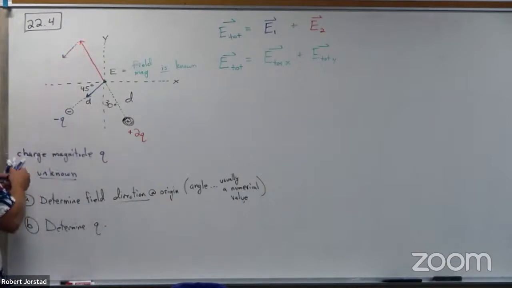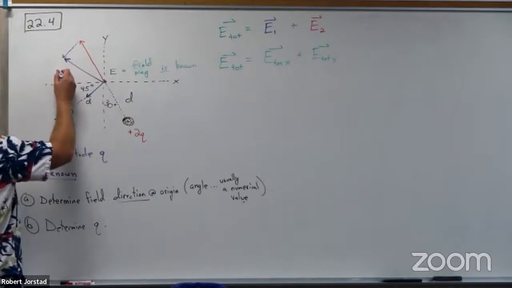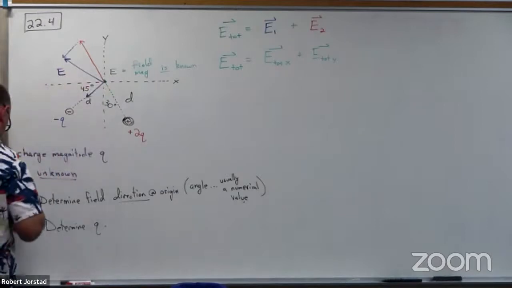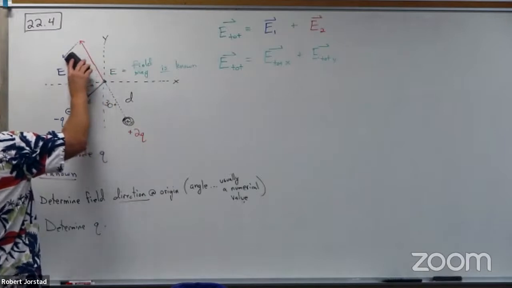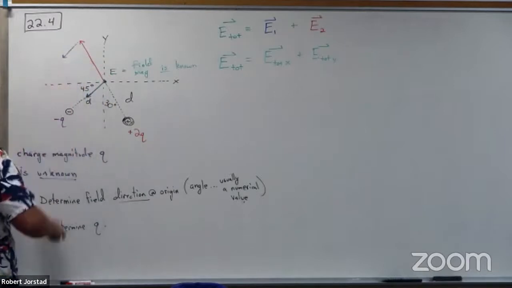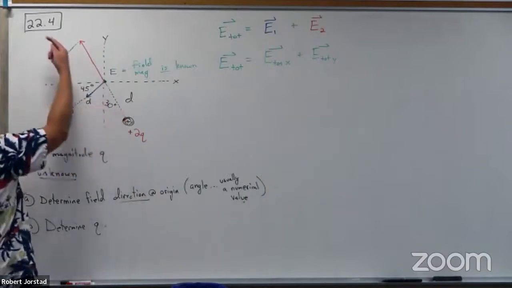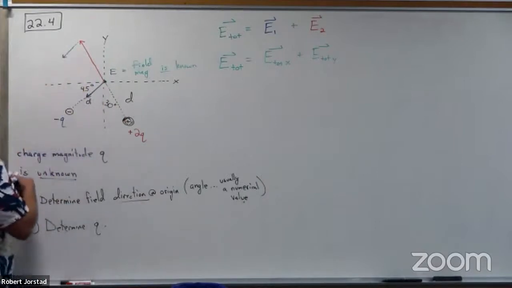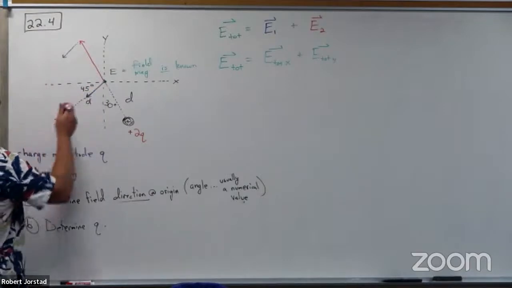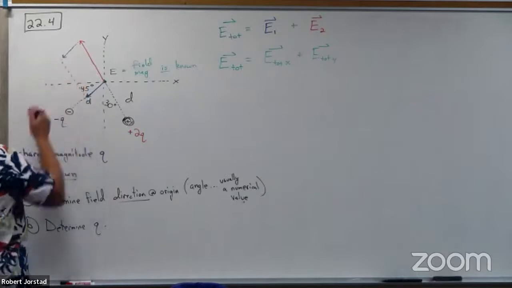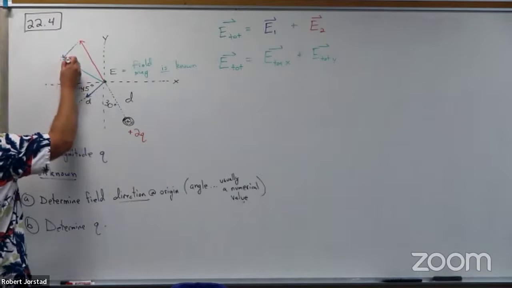I can tell the net field should be, oops, I've been using green. I can tell, look, this one's going to pull down and be half as strong. This one's going to push away if I put a plus charge there. So I can tell that the net field by the parallelogram rule, I'm going to draw this one too, should be that way.